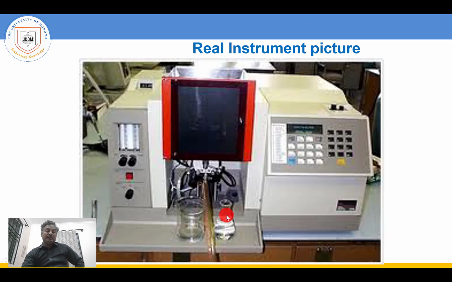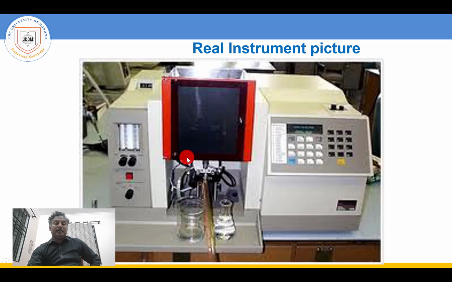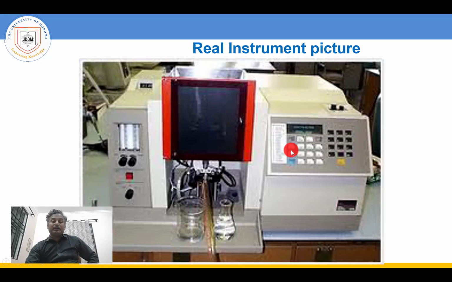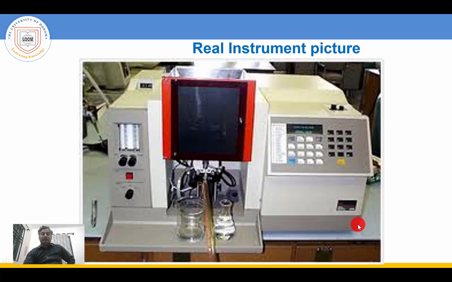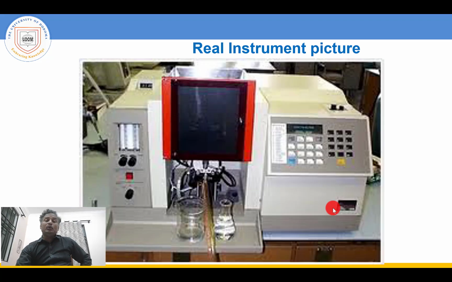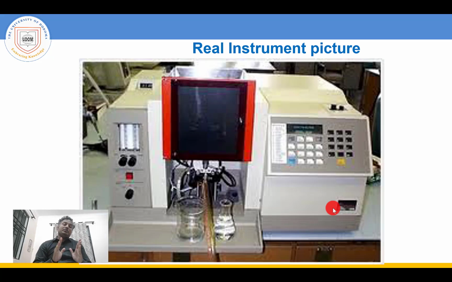Here is the sample, where we will have to put the sample, and here there is flame. You can see also the flame by opening this one, and there will be a detector on the other side for the detection of the elements. This is a very sophisticated instrument. You should not move harshly. You need to handle very smoothly.